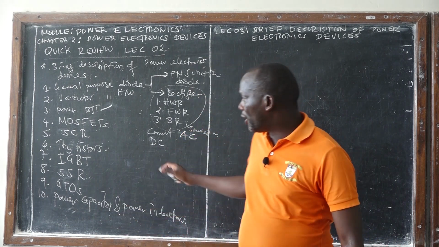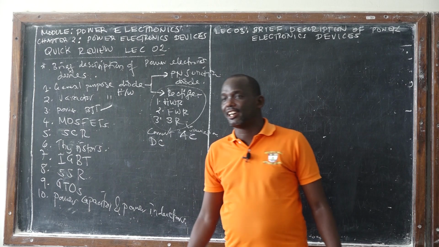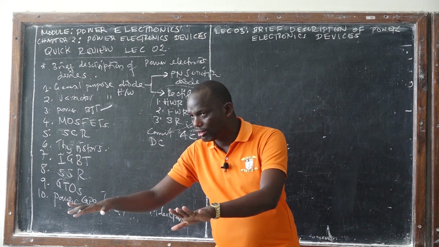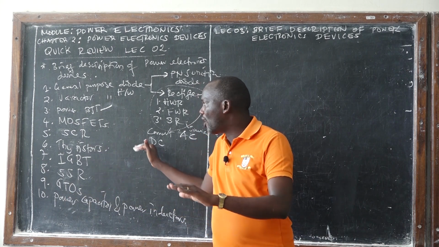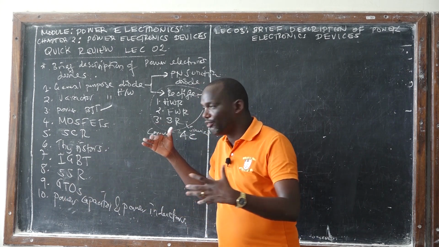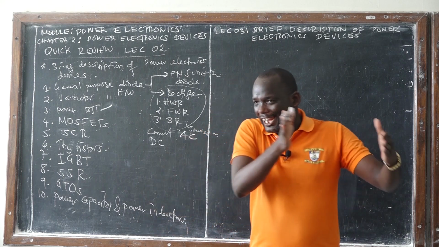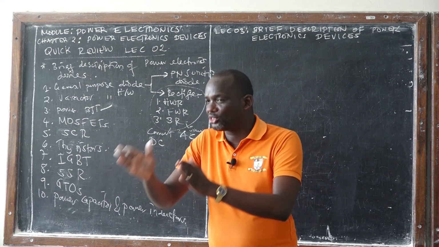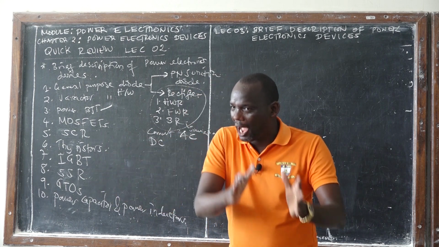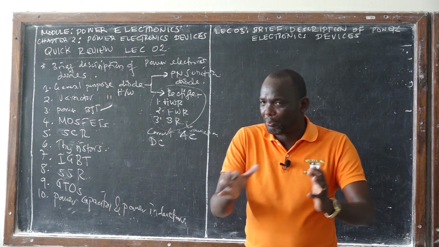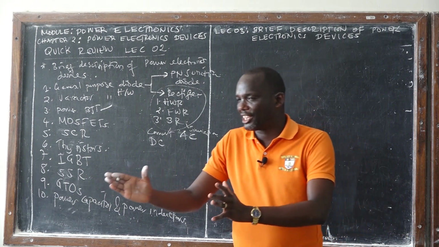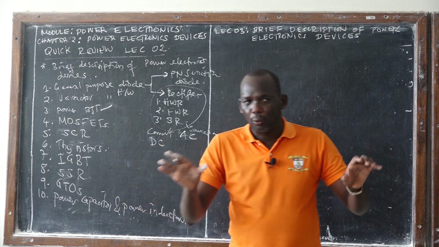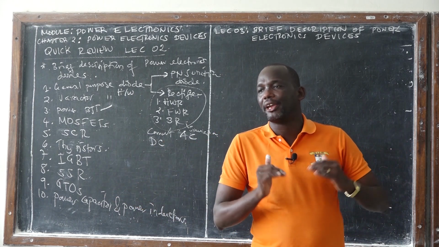However, we are using power bipolar junction transistors for amplifying power electric signals. When you discuss power amplifiers, we are using bipolar junction transistors and field effect transistors. But for that context, we don't categorize it as power electronics.